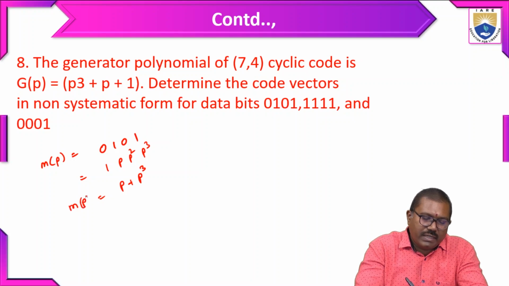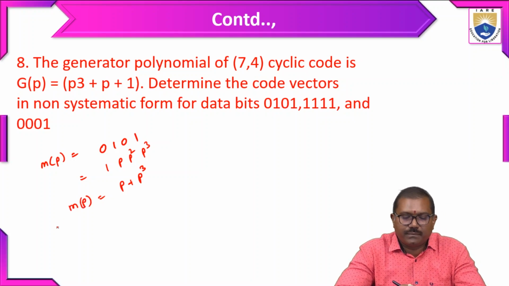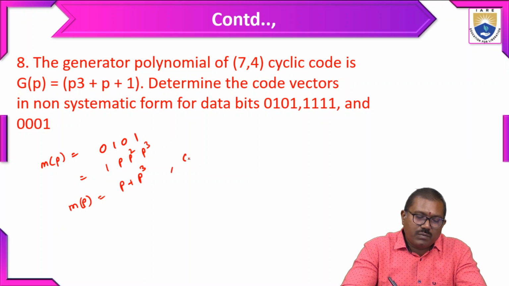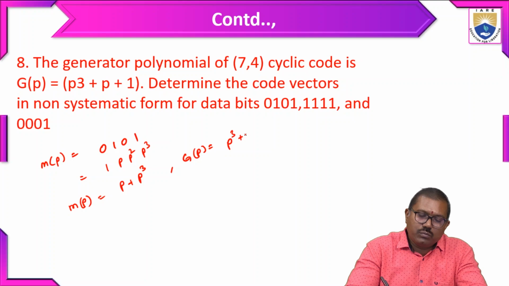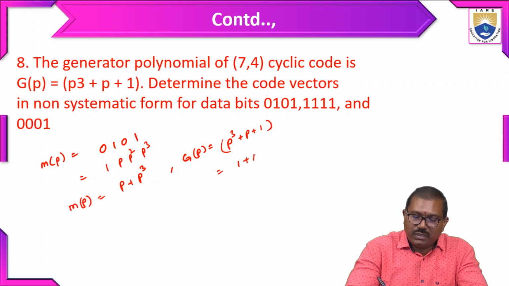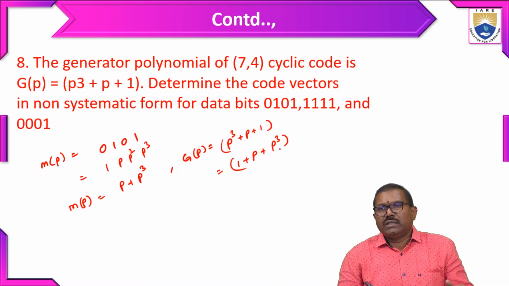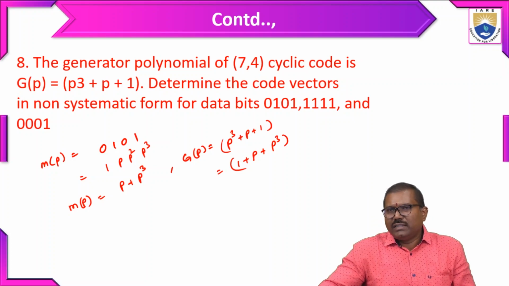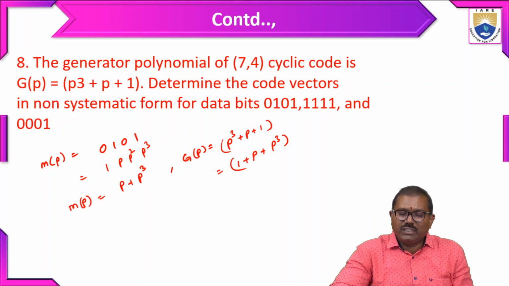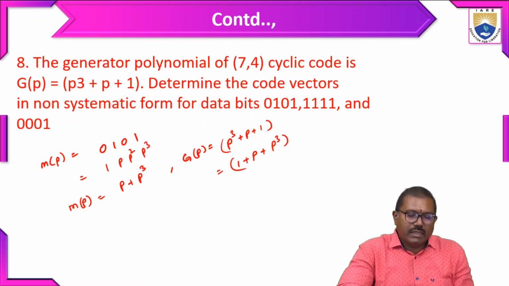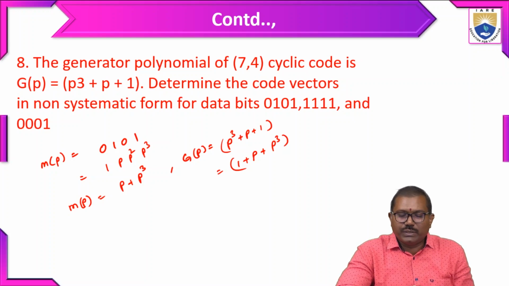So this is my message polynomial. And what is my generator polynomial? P^3 + P + 1, or we can write 1 + P + P^3, generally in increasing powers. So 1 + P + P^3. M(P) is P + P^3.